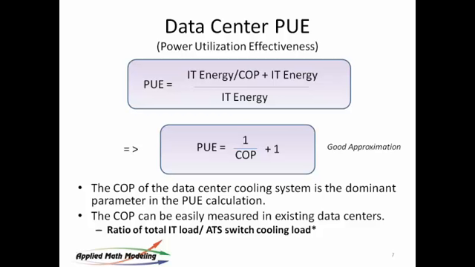So oftentimes you can get a read on these things right at the ATS switch. If not, go to the panels that drive them. In the case of DX units, it's easier because the panels are typically in the room or near the room, specific to the room. In the case of chilled water that is shared, that's a little more difficult.